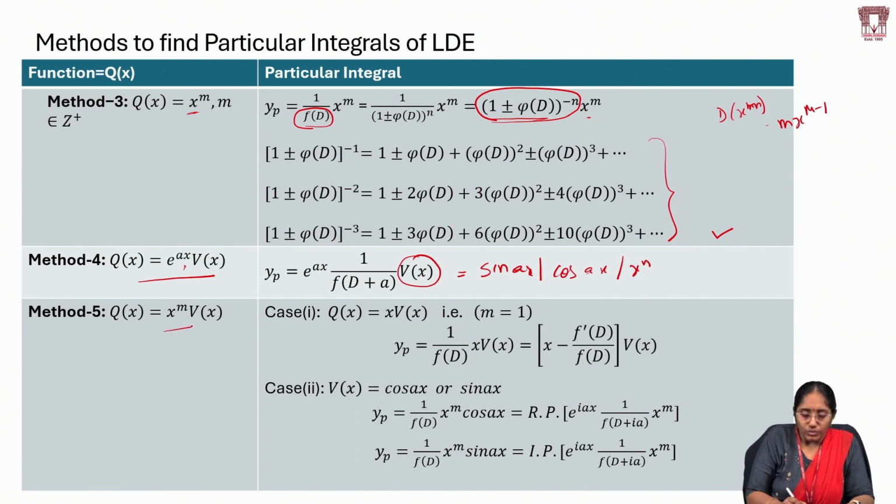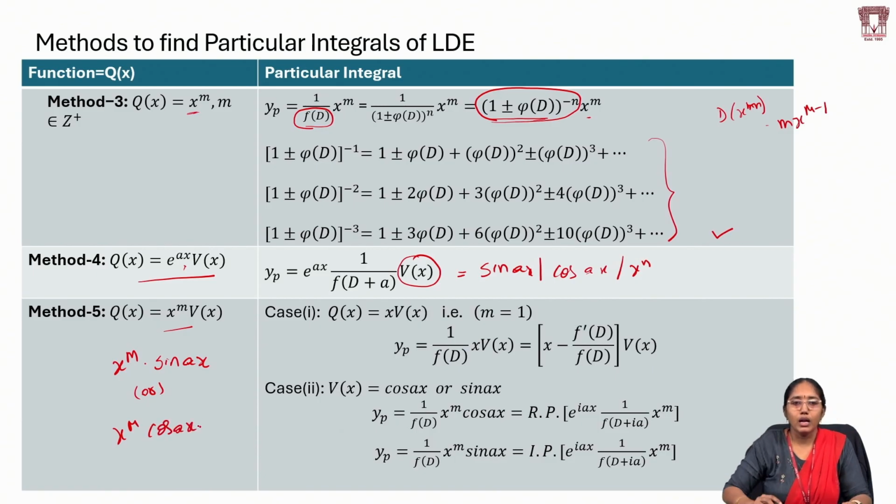Now coming to the fifth one, it is especially of the form x power m into v of x, that is x power m into sin ax, or x power m into cos ax. In such a case, particularly here the degree is 1.